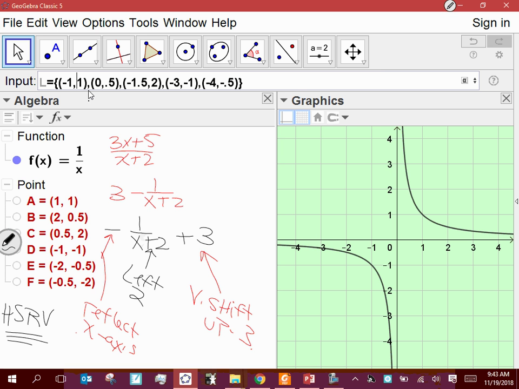Everything that's negative becomes positive, right? Okay, so we've done that. Now what's this vertical shift up 3 going to do? Add 3 to all. So that one's going to be 2. This one will be 2.5.